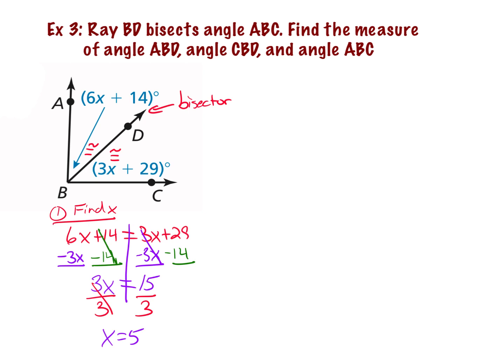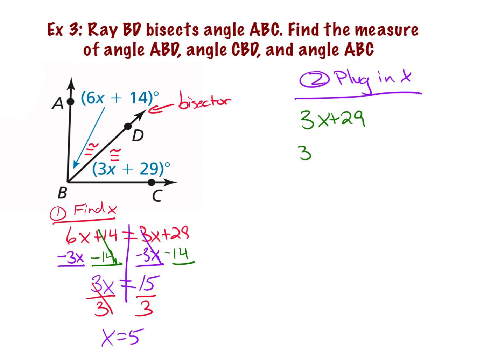Okay. All right, now we got to plug in. We can just take one, right? Yes. Because they're equal, I don't need to plug in for both of them, right? Because once I find one, I know the other will be the exact same. So find the one that's easier to work with. These are both pretty similar, so I'll just do the 3x plus 29.